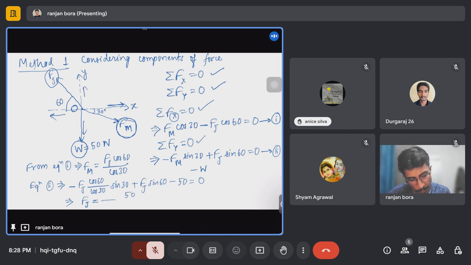What will be Fj? We will take 50 on the right hand side. Fj will be 50 divided by sin 60 minus, sin by cos we can write as tan, tan 30 and cos 60. So if you calculate, this will give us Fj. Can you find out this answer if you have a calculator with you?